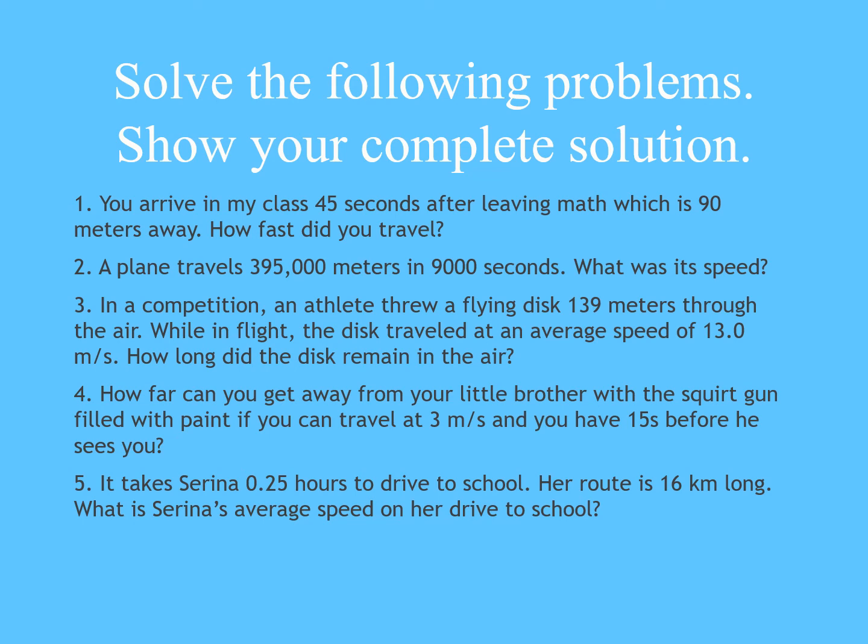I want you to identify the given numbers, list down the given numbers, list down your formula before solving it. Now, I want you to indicate the unit of your answer. I told you, without the unit of your answer means your answer is wrong. So I want you to write your answer with unit.